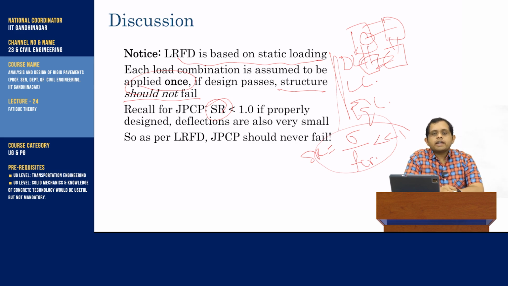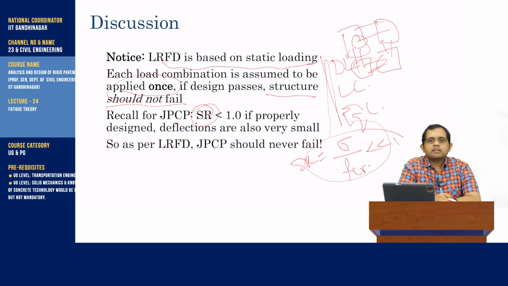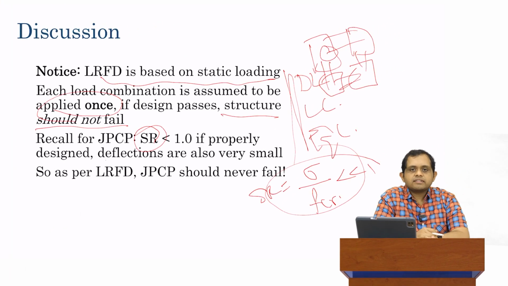Okay, so recall what LRFD says. LRFD says if the stress developed by your factored loads is less than your factored strength, then your design is successful, and as long as the in-service conditions are in line with or less than the conditions under the design, the structure will never fail.